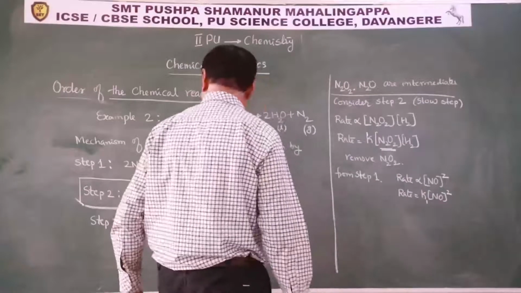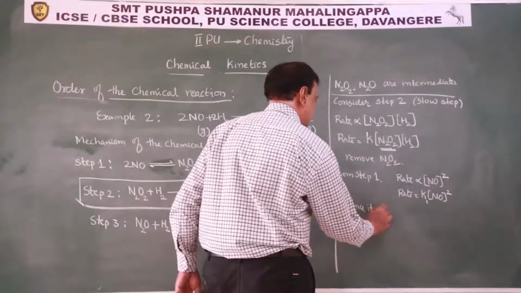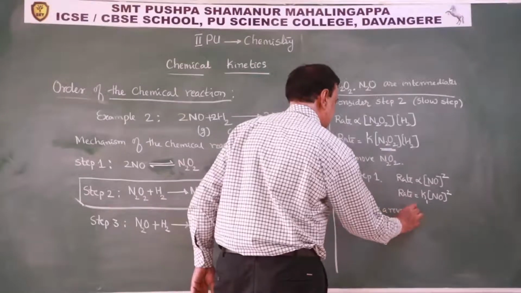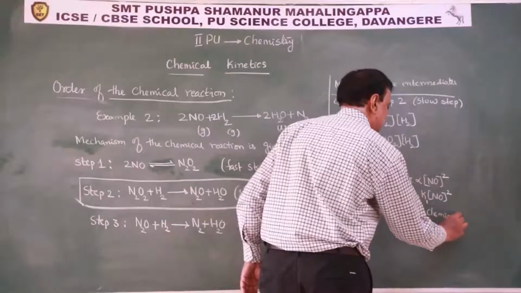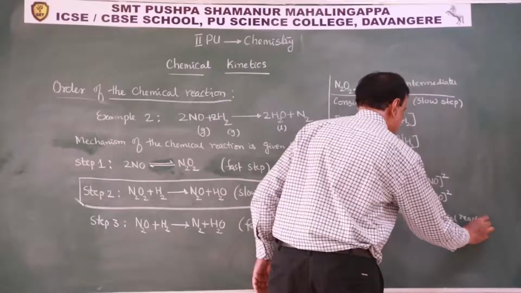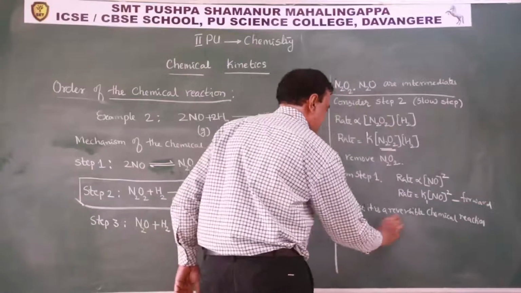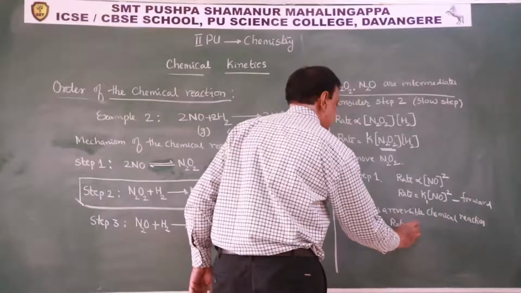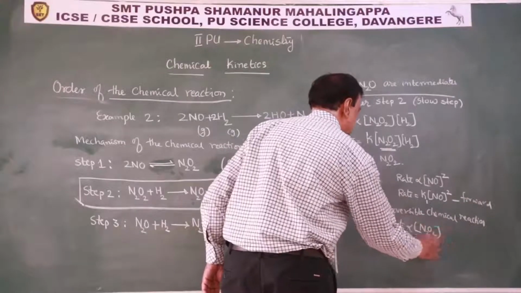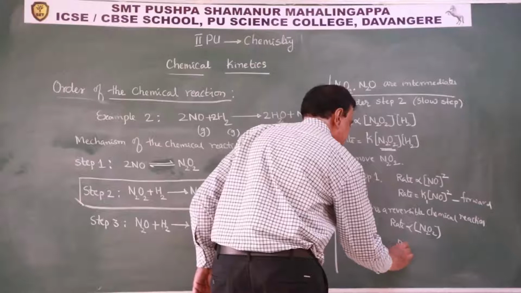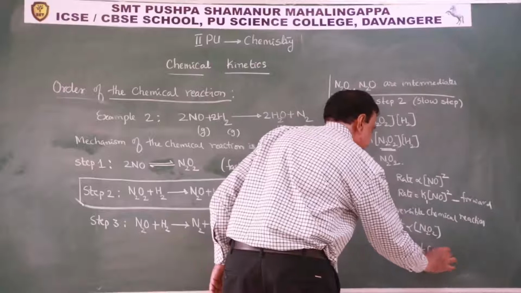Since it is a reversible chemical reaction, this is for the forward direction. For the backward direction, rate is directly proportional to N2O2, so assume the rate is K2 into N2O2.